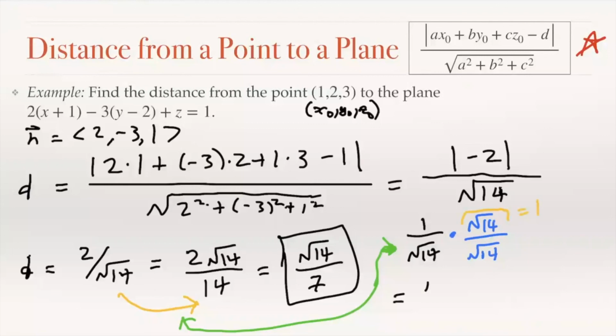And that is root 14 over root 14 squared. And root 14 squared is 14. So we can always do this with a division by a radical and simplify it so that the radical is in the numerator.